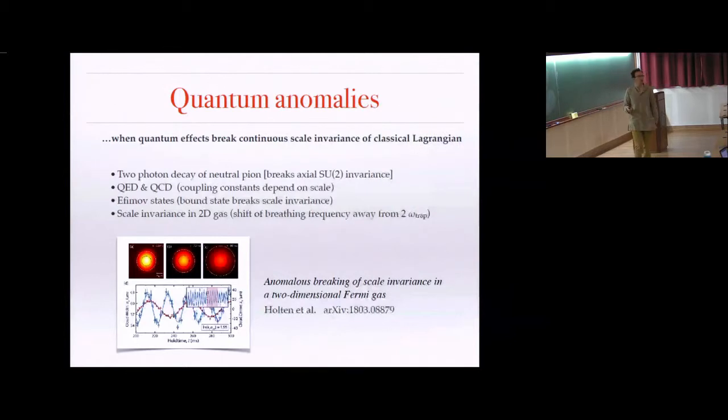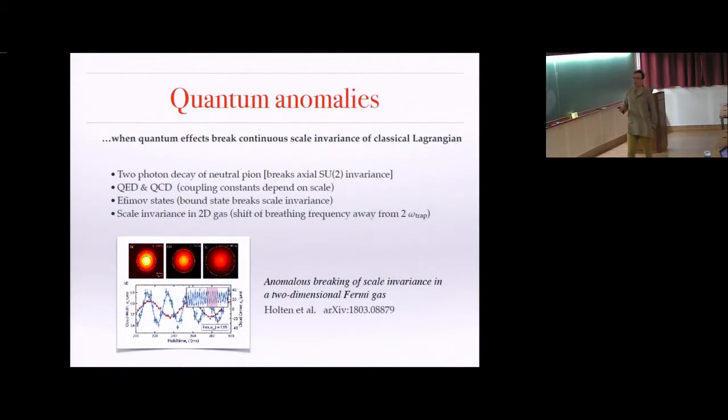So in fact, in all of these situations where you get this scaling symmetry, you expect it to be broken by quantum effects, I mean beyond single particle, beyond mean field effects. And this has been recently measured also in the 2D gas case. This came out about a month ago.